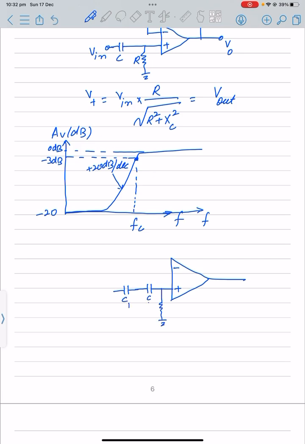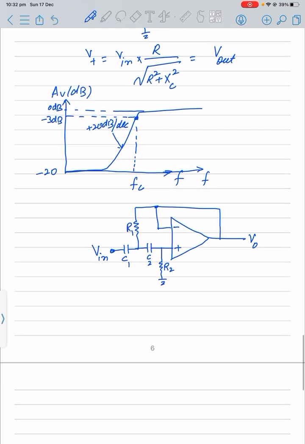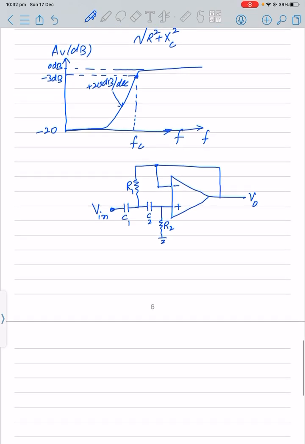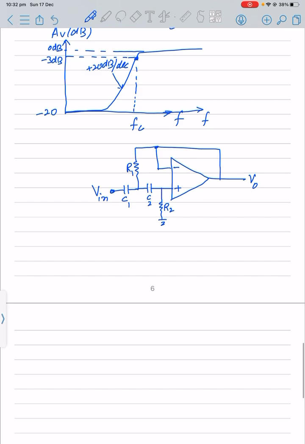This is C1, C2, that is the R2 for the second one, and then there is our R1, and at this point we are applying our input signal, and that is the V output. So that is our second order high pass active filter, and for it we will get a slope of 40 dB per decade.